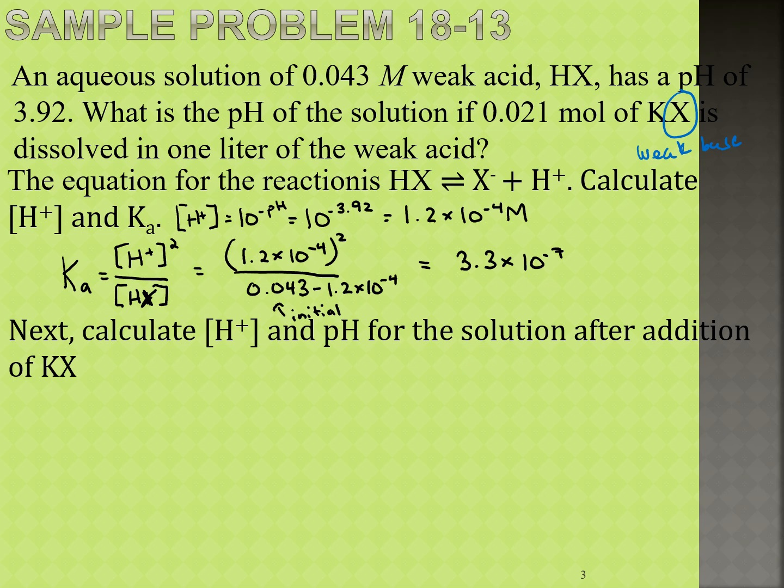Now it says next, calculate the H plus and the pH of the solution after we add our KX. So we've got to think, okay, what is the pH of the solution if we add in 0.021 moles of KX?